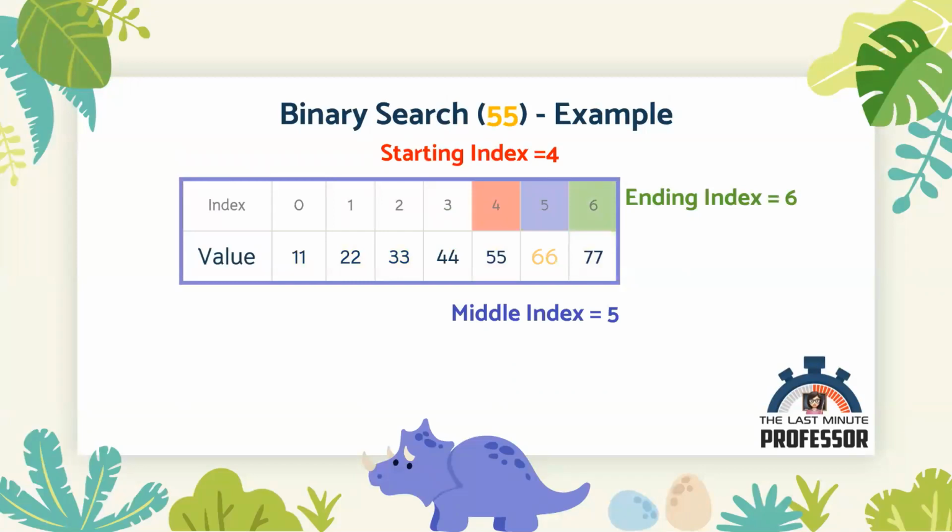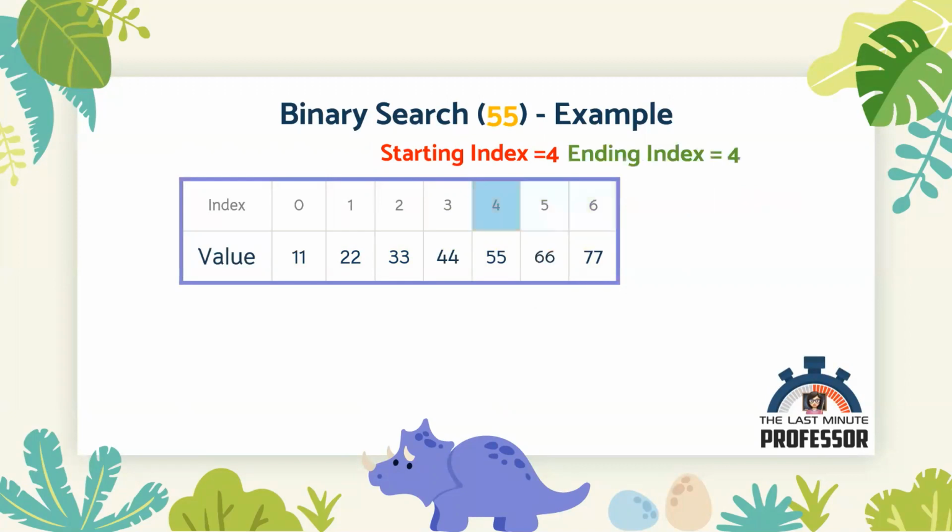So if at all 55 is present, it should be before 66. So let us update our ending index as middle index minus 1 to restrict our search interval to the left of 66. So ending index becomes 4.